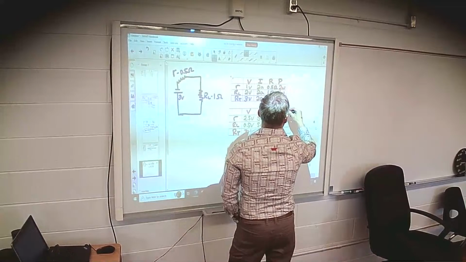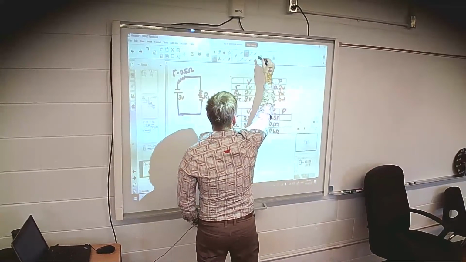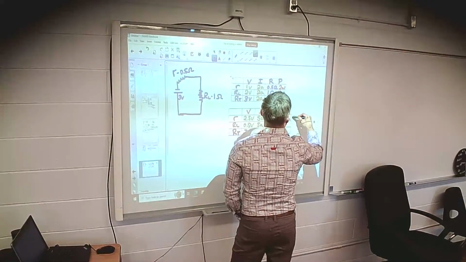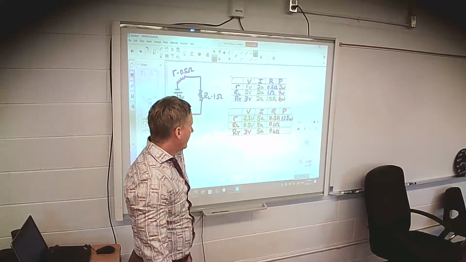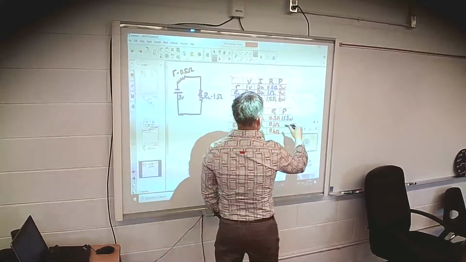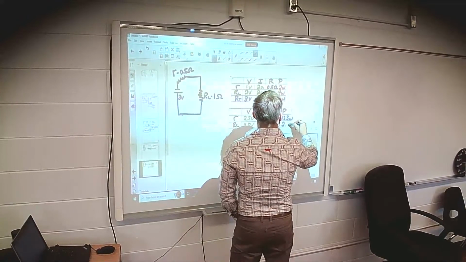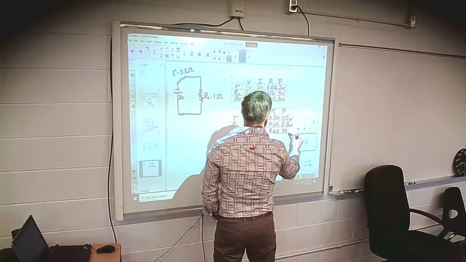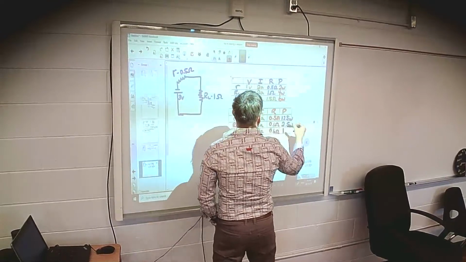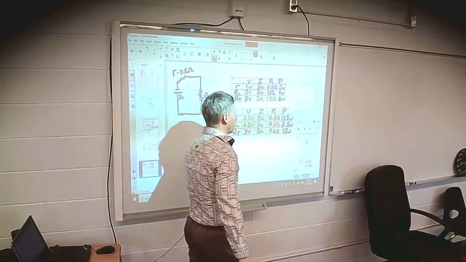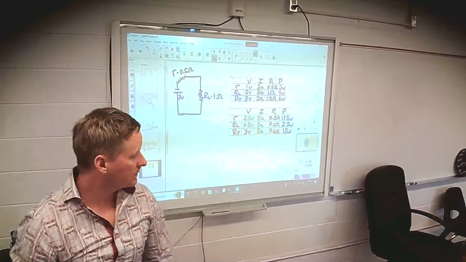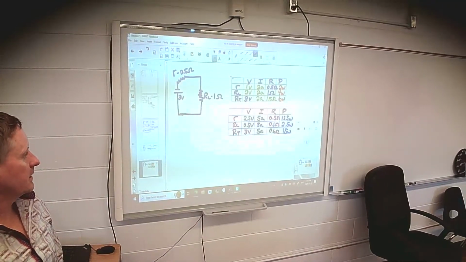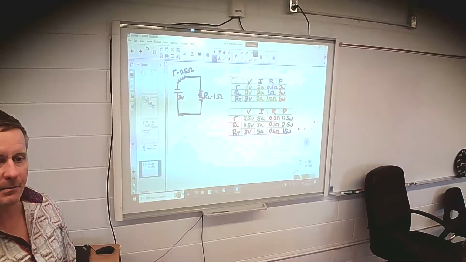Now I have 0.5 times 5, so the power in this is only 2.5 watts, for a total of 15 watts. So total power in the load is still less. That doesn't give me my maximum power.